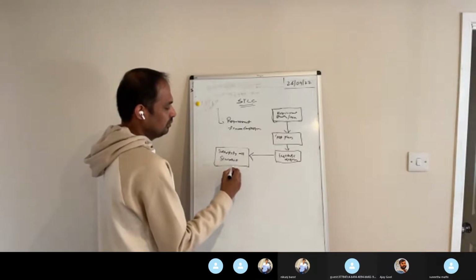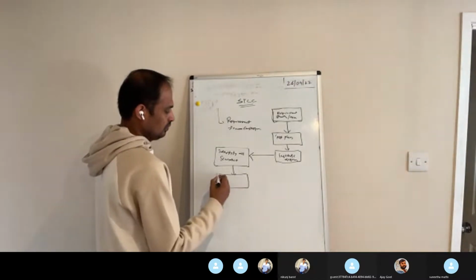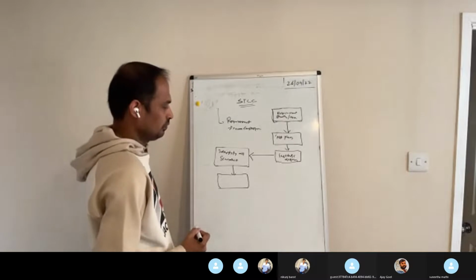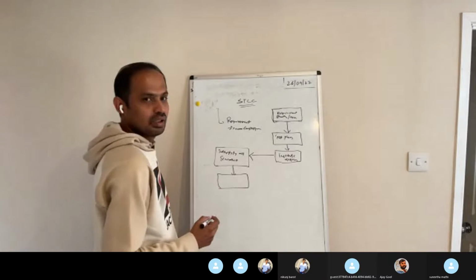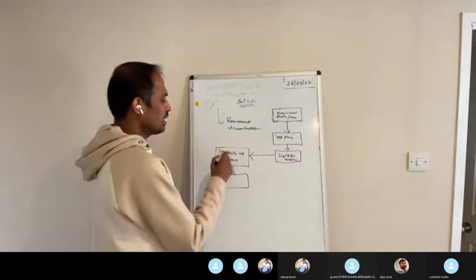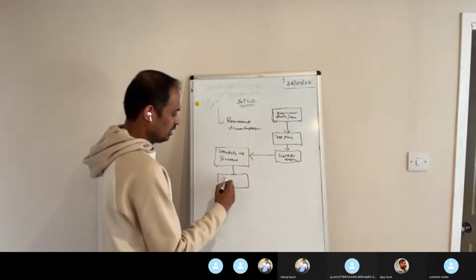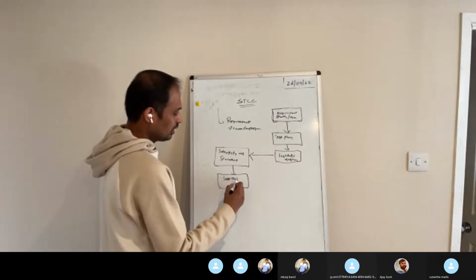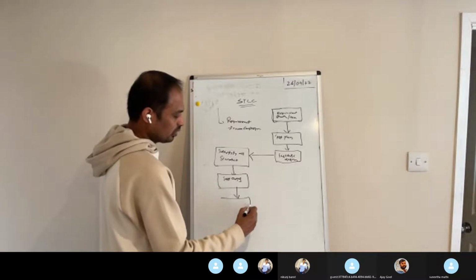What is meant by scenario? All the high-level requirements, the high-level functionality of the feature. Based on that scenario, we are going to write multiple test cases. After writing the test cases, what are we going to do?